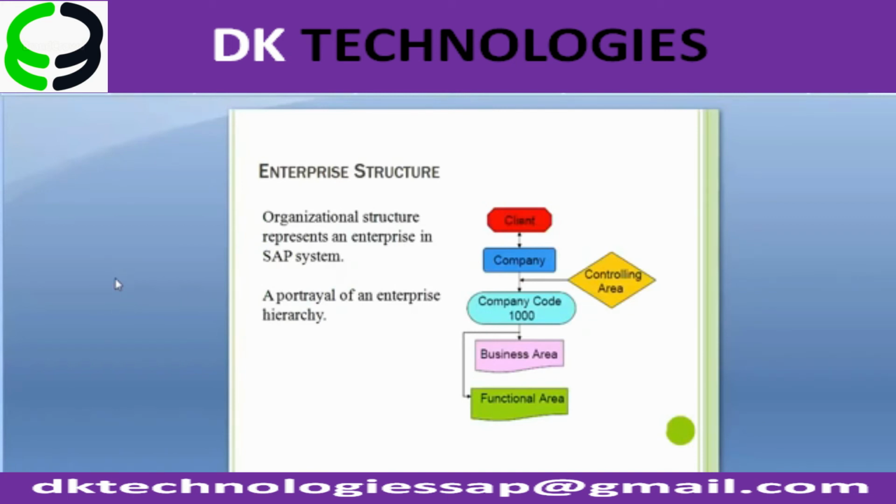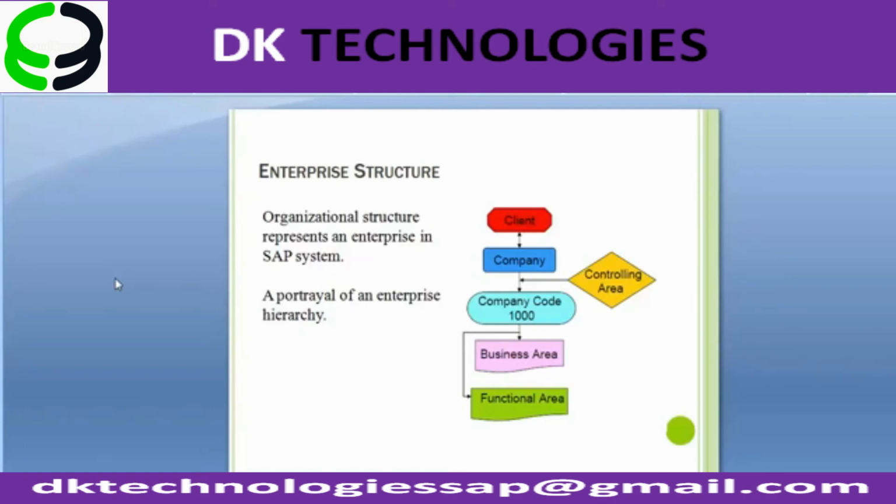If you talk about a structure, whenever you go for any implementation project or any project you are working with, if you want to create those things in the SAP system, you first need to define a layout of how you will be taking up things in the SAP system.